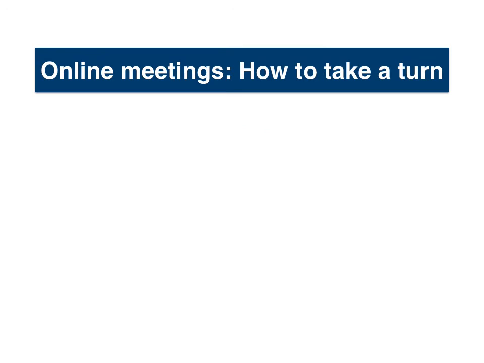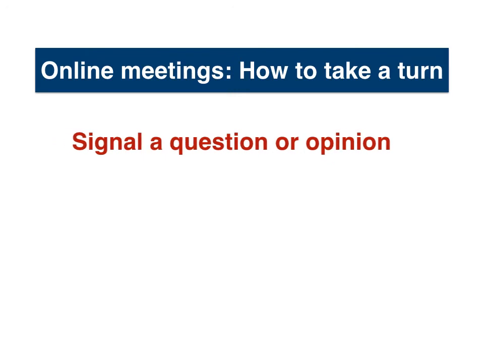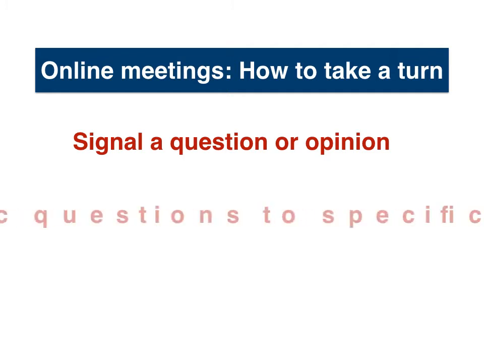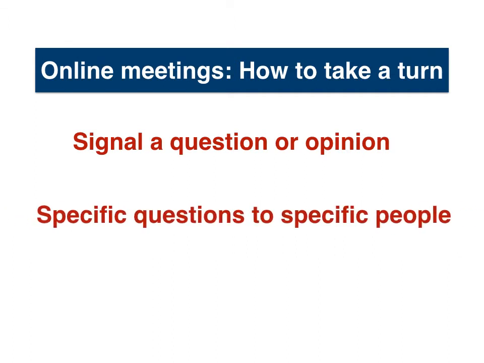If you want to ask a question or give an opinion, you can put up your hand, literally on camera or using an icon in the software. You can then say question or opinion, clearly signalling what you want to do. An open question to the whole group can result in nobody saying anything, or everybody talking at once.